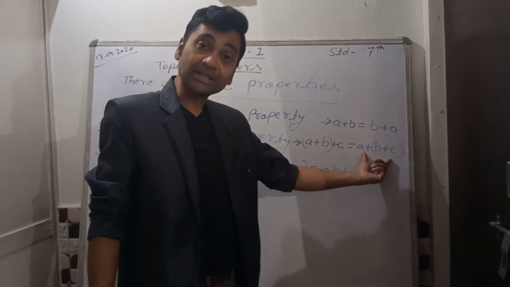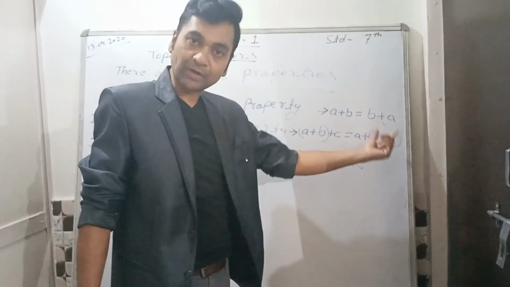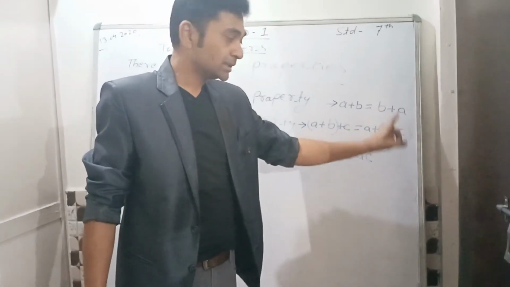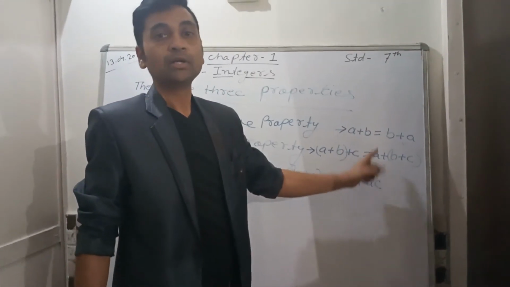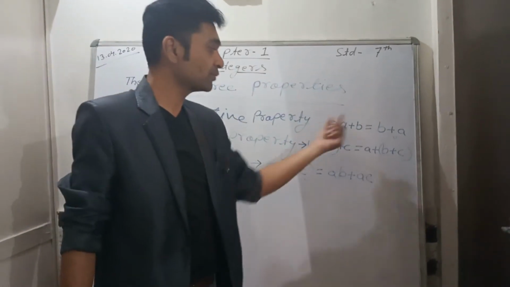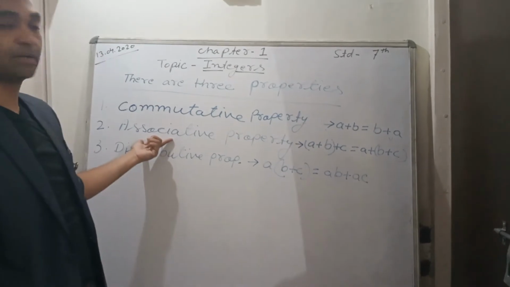Now the result would be the same if we add b plus c first, the integers which are in the bracket, and then after that add the integer a. So the result would be the same as you have got in the LHS. So this is called our associative property.